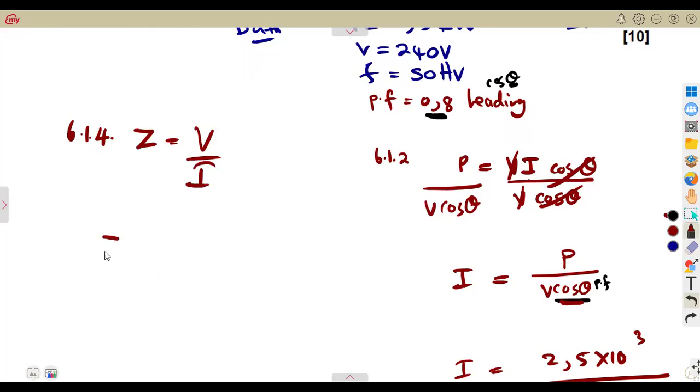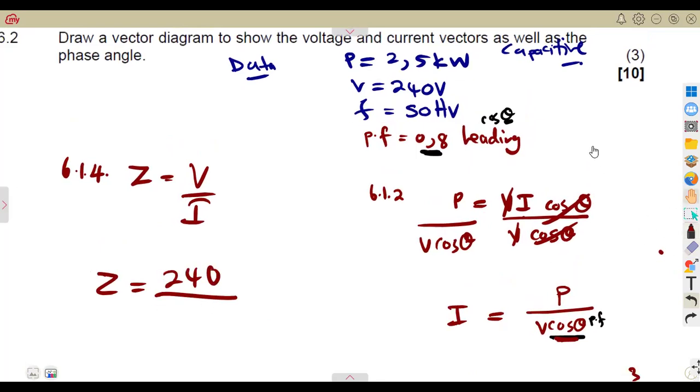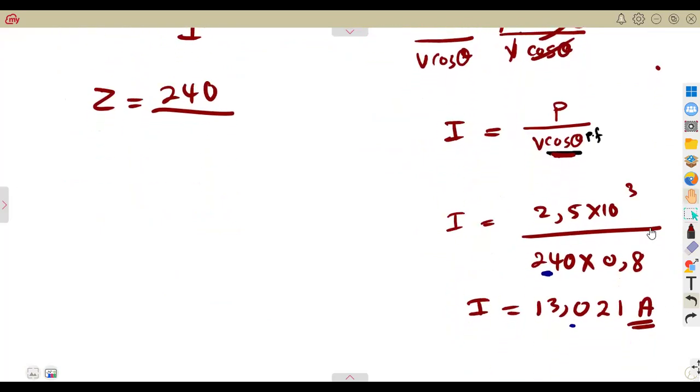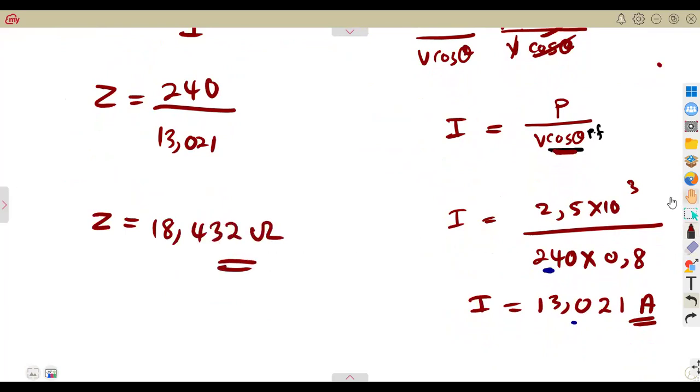Remember, this is a single phase, guys. So voltage over current, that's impedance. The voltage, we have it, that is 240 divided by the current that we calculated before, which was 13.021. So that is the impedance, which is 18.432 ohms.